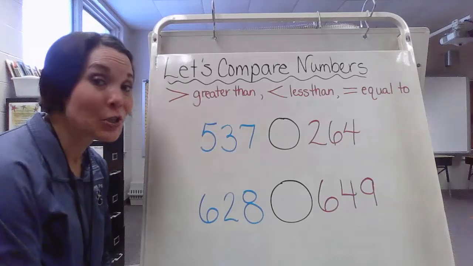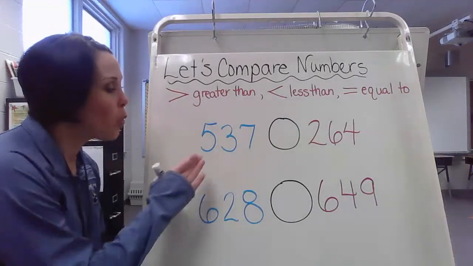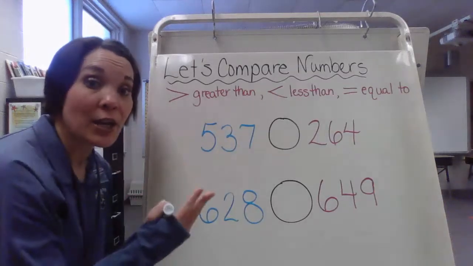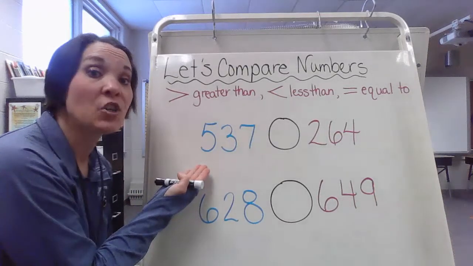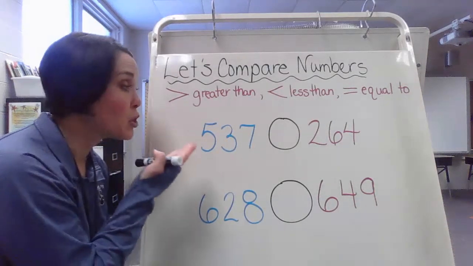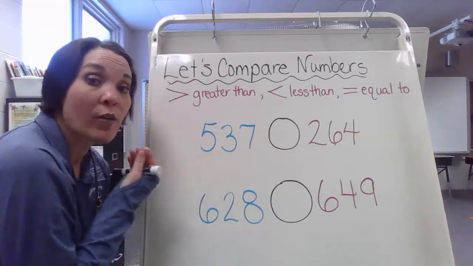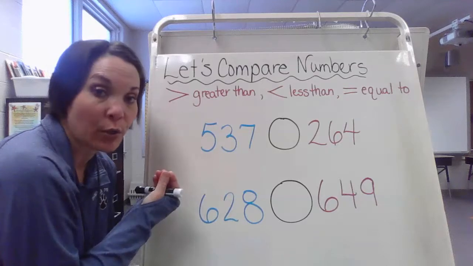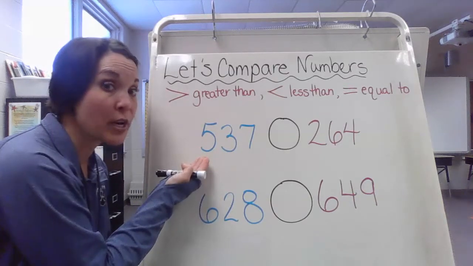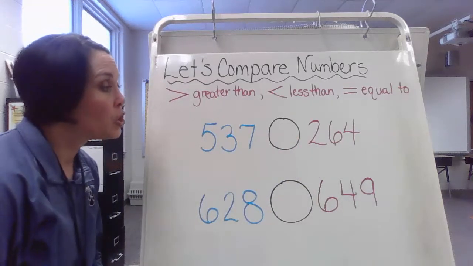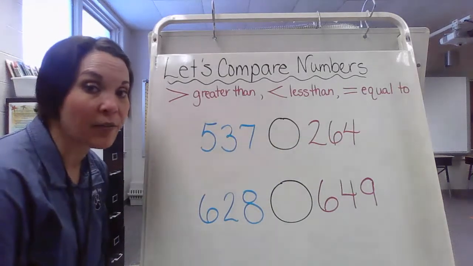So here's the scoop. When I'm looking at 5 versus 2, I know 5 is a greater value. Even if I'm thinking about the value, 500 versus 200, I know 5 is definitely going to be the winner.